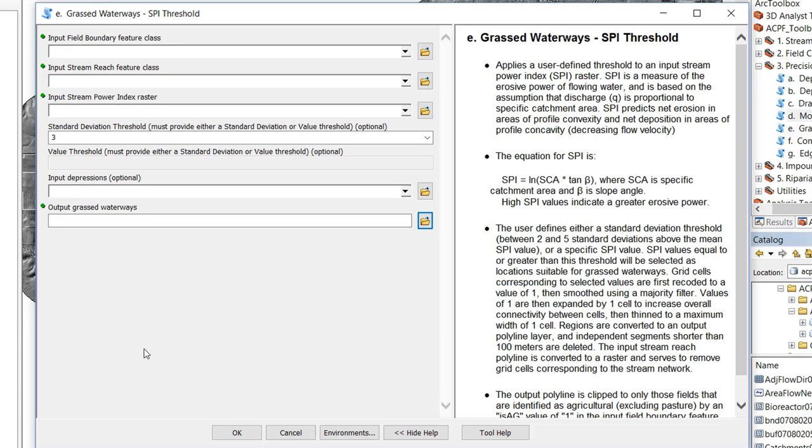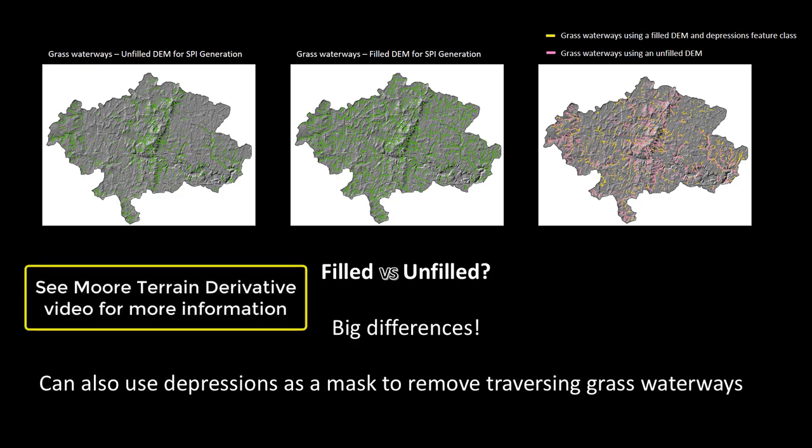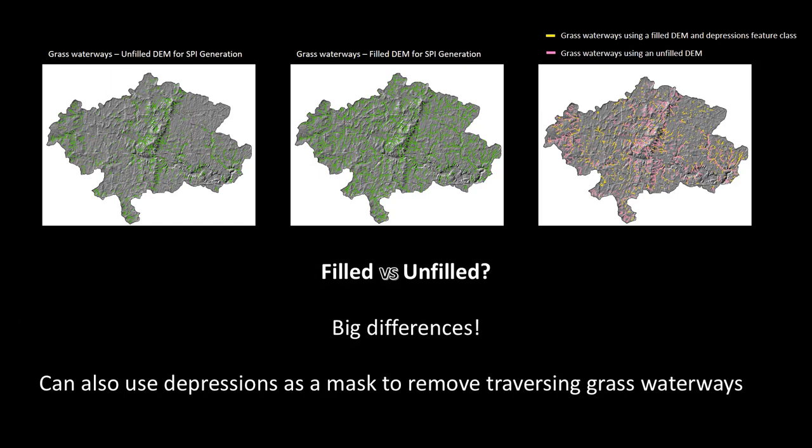So before we run this, let's just take a closer look at those specifications. As I mentioned in the video for the more terrain derivatives tool, it really matters which DEM you use to generate that stream power index raster. Once again, here are the differences between using a filled or an unfilled DEM.